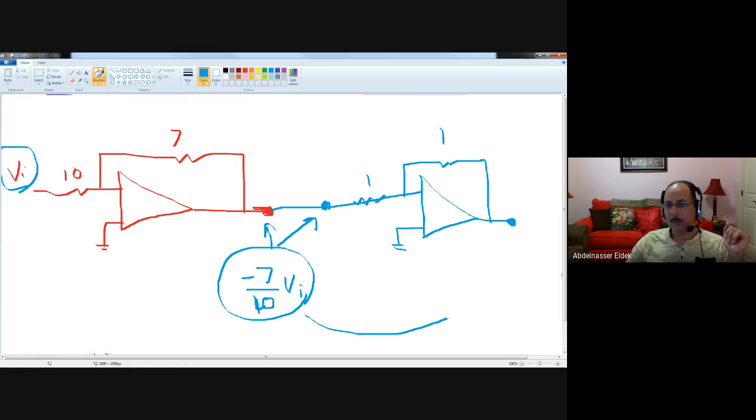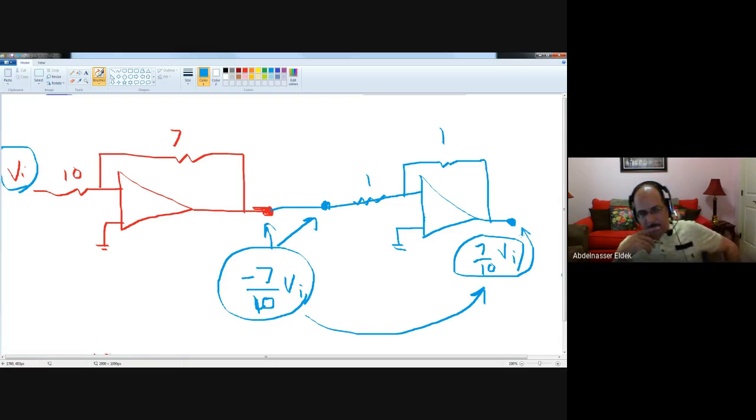Then the output will be positive of this number, so it will be 7 over 10 times VI. So this is the output at this point. So this circuit here is a circuit to design the output equal to 0.7 times VI. I hope you understand it now.